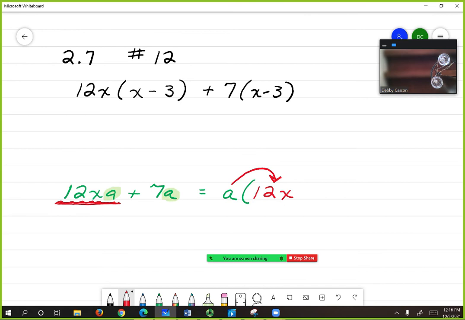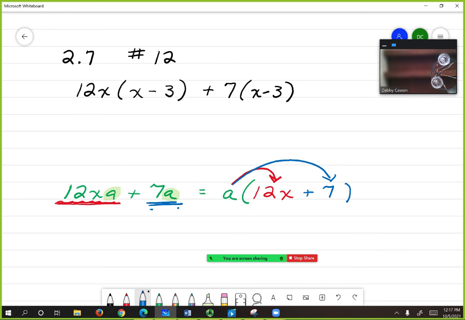I could call it 12ax or 12xa, whatever. So far, so good. Then a times what is going to give me 7a? It's a times 7. I factored out the a.